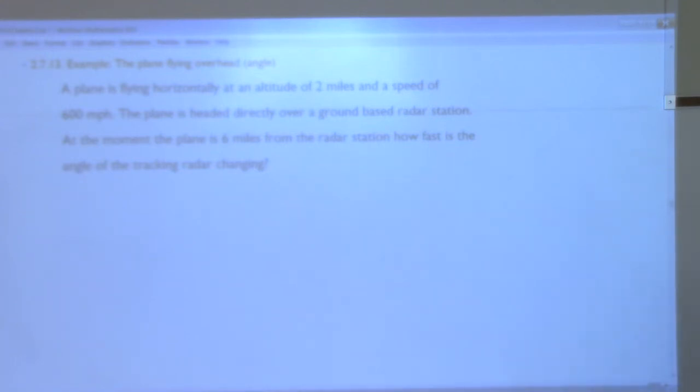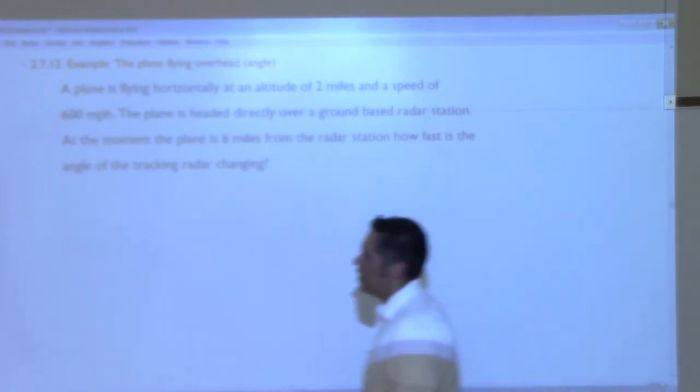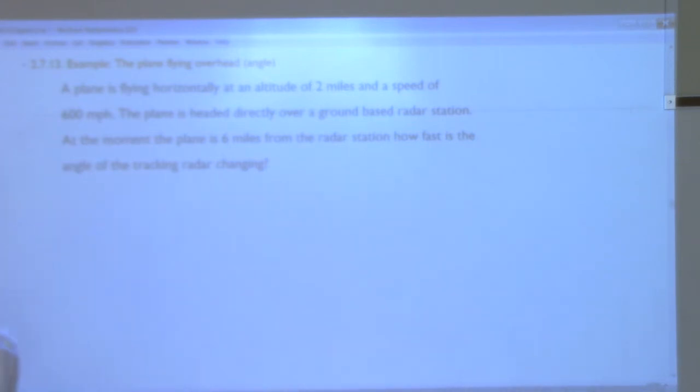A plane is flying horizontally 200. Oh, wait a minute, same problem. No, not quite. Look at what it's asking for at the very end. At the moment the plane is 6 miles from the radar station, how fast is the angle of the tracking radar changing?